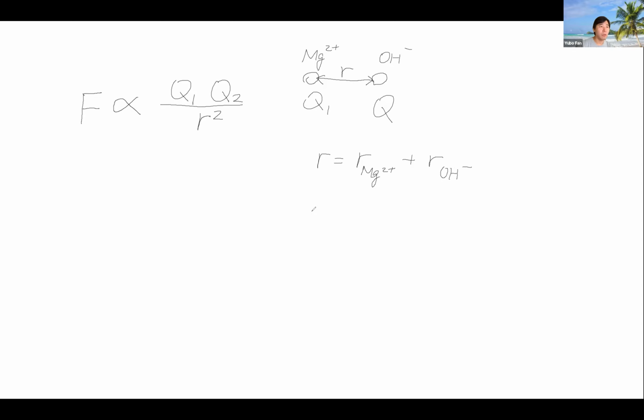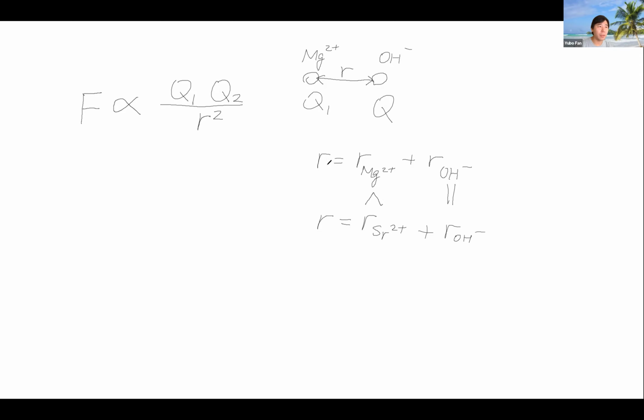So in the second case, you have strontium and hydroxide. The hydroxide radius is equal, but for strontium, the radius is greater.